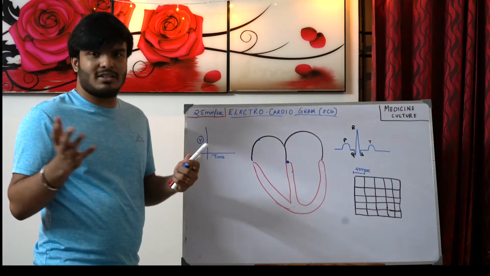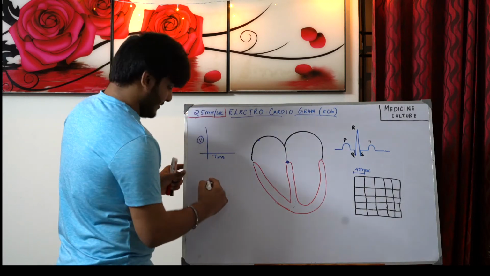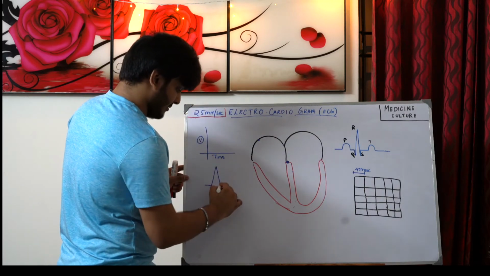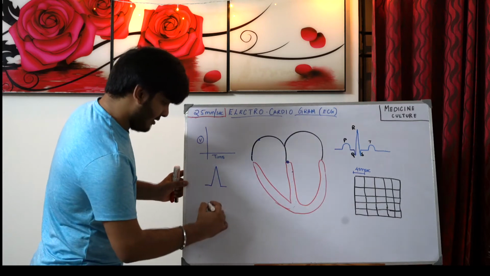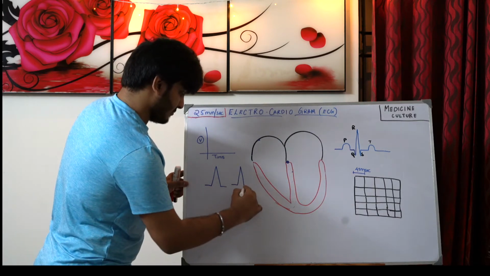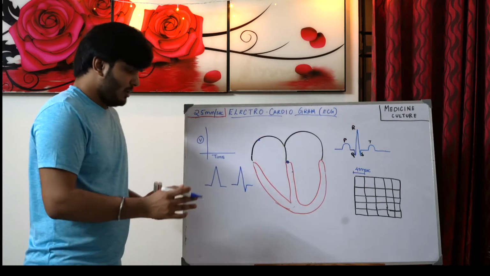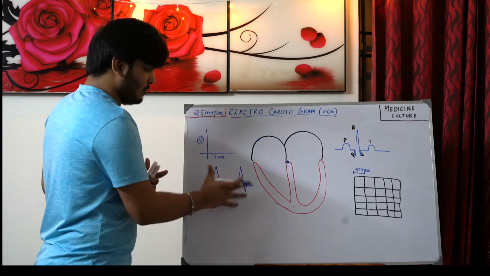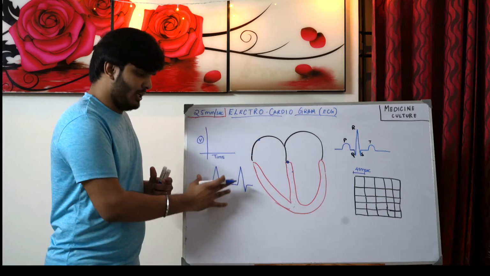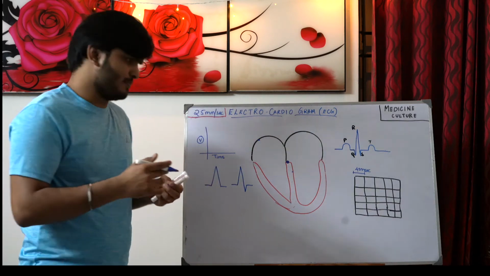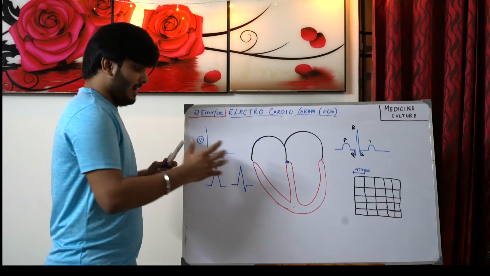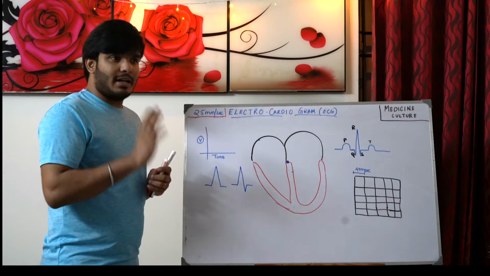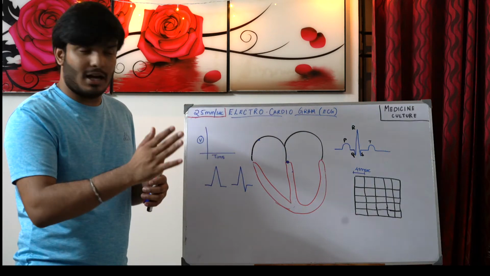The positive deflection will be either like this, or like this also. So these 2 variants we can find. A positive deflection will be of these 2 variants, either wholly positive or with some partial negative also. That's the pattern when a current flows along the axis of the heart.